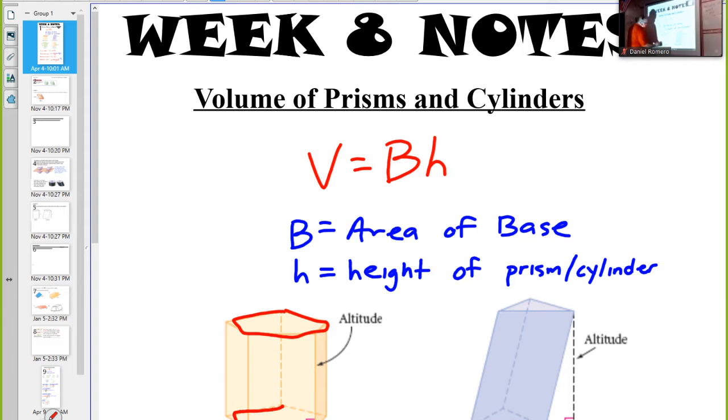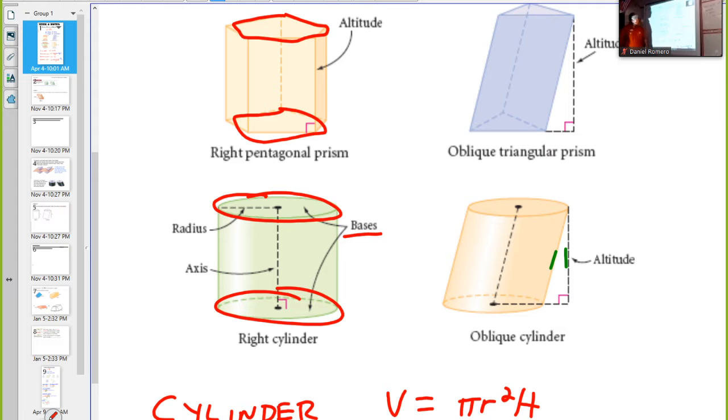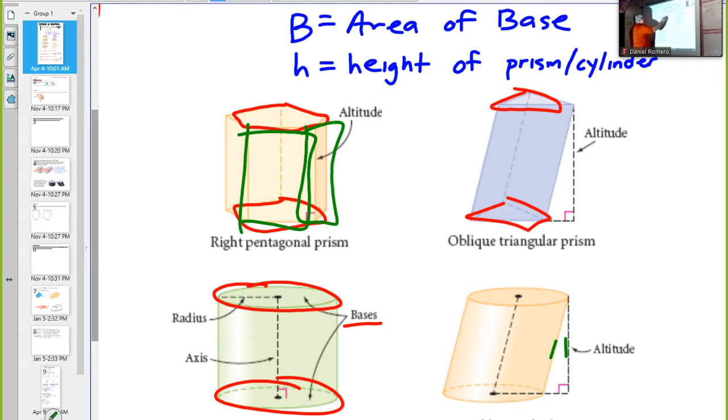A cylinder doesn't have an adjective describing it, but it's inherent that the base is a circle, and it has two circles. When you have a triangular prism, there's two bases, two triangles. Then, as Esme said, in addition to that, they have rectangles going around.